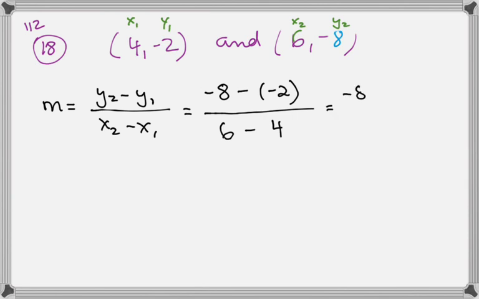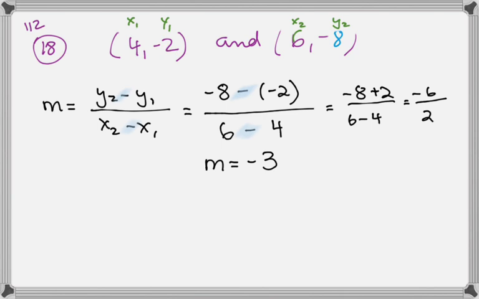Now we have -8 plus 2 and 6 minus 4. -8 plus 2 is what? -6 over 2. That can be reduced to m equals -3. Watch your signs. These minuses that separate the numbers are always there because they are in the formula. The rest depends on what you have been given.